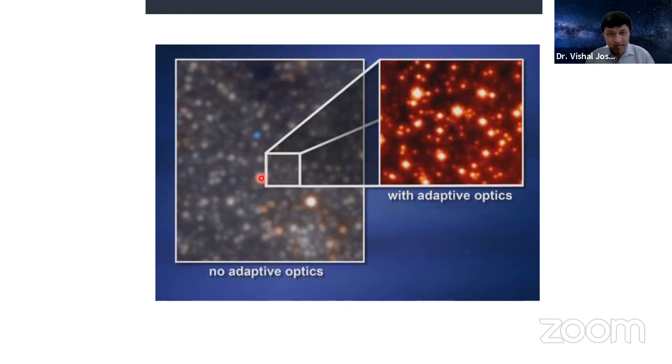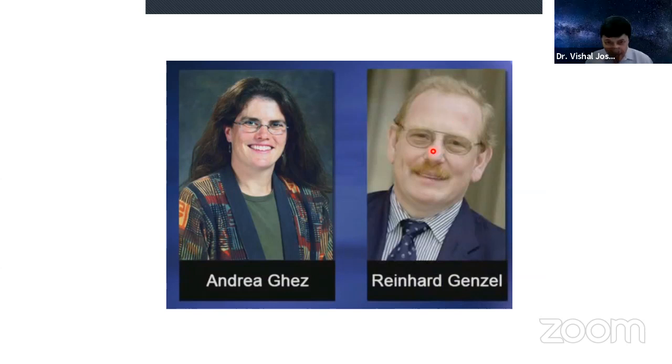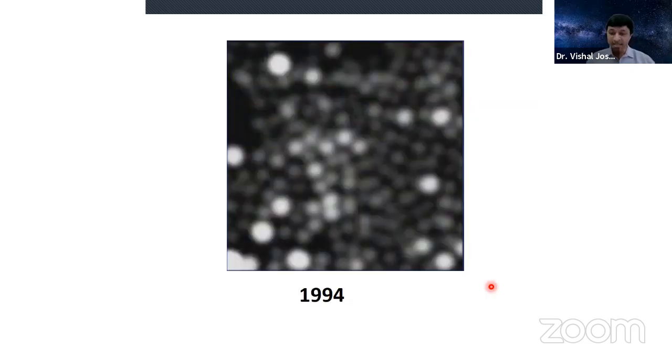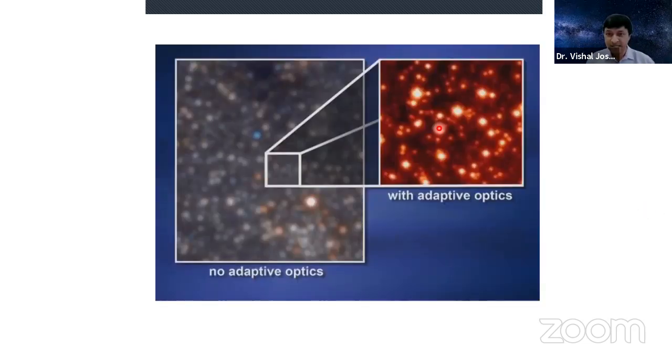The small square I have shown here is observed with this adaptive system, and you can see the stars are very clear.